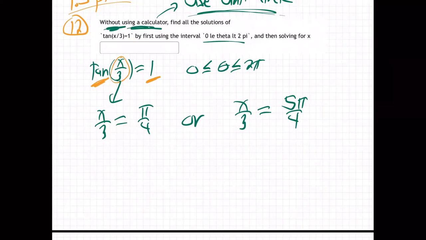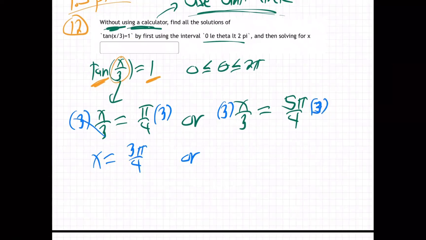And now you just solve for x. How do you solve for x? You want to get x alone, so just multiply by 3 and it'll cancel. Whatever you do to one side, you do to the other. So x will be 3 pi over 4. Same thing here, multiply by 3, and x will be 15 pi over 4, since the 3 goes to the top only.